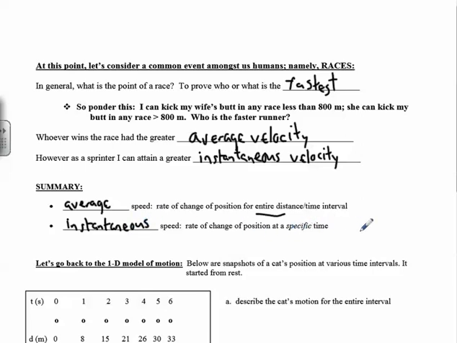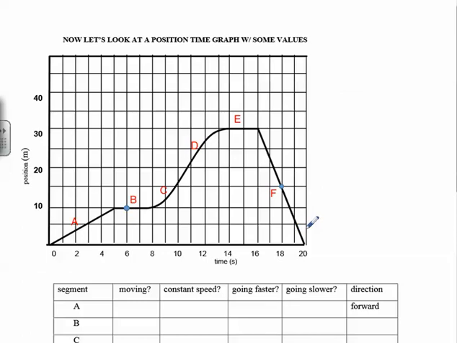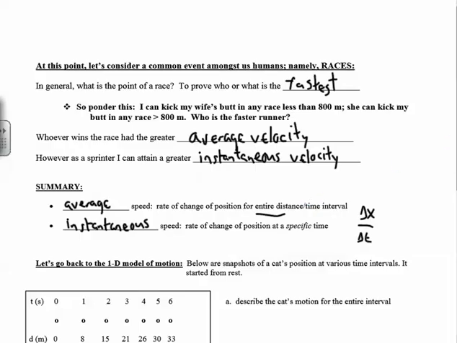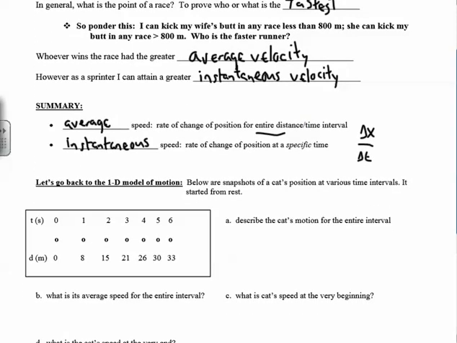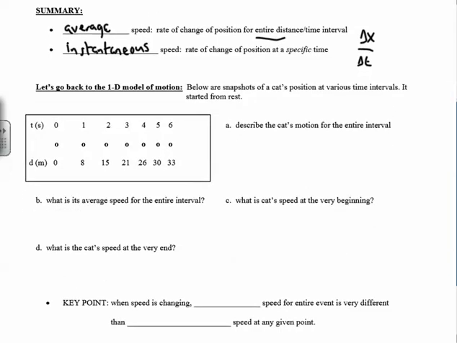Both have the equation delta x over delta t. Implicit in the definitions is that delta t for instantaneous is very, very short, and usually delta x will be short as well. So we can look at doing some simple calculations with one-dimensional models, and then I'm going to go back to the graph and talk about other situations.